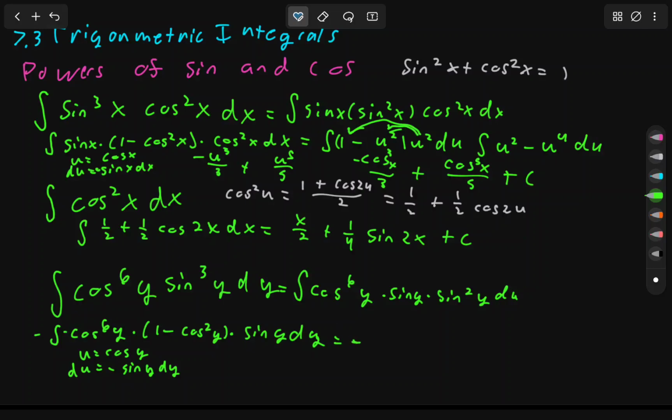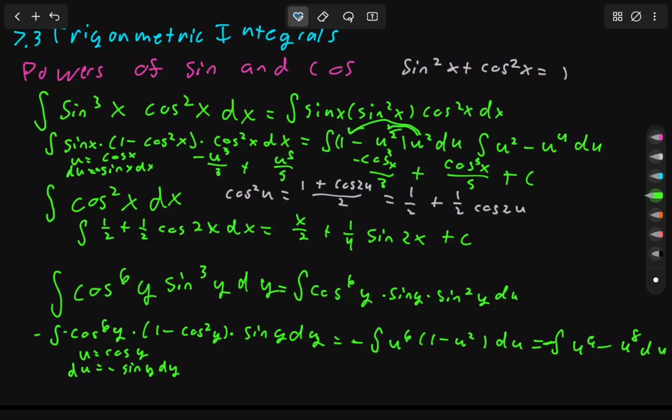So we get negative the integral of u to the 6th times by 1 minus u squared du. Now we just have to expand this out. So we get the integral of u to the 6th minus u to the 8th. And remember that this is still like negative, the integral.